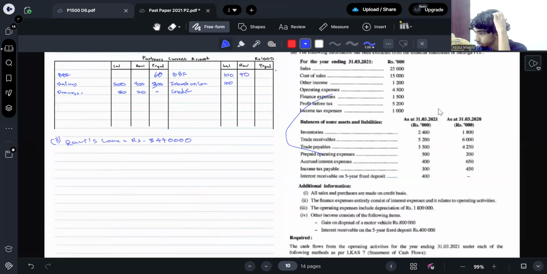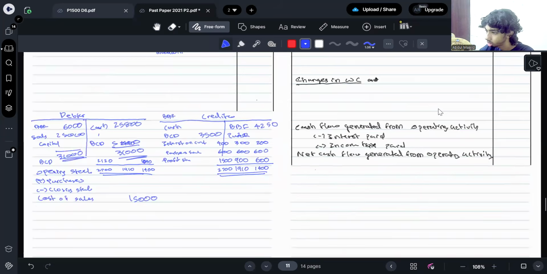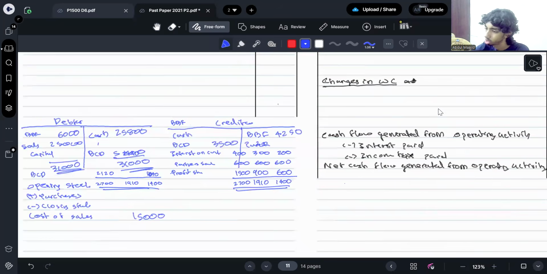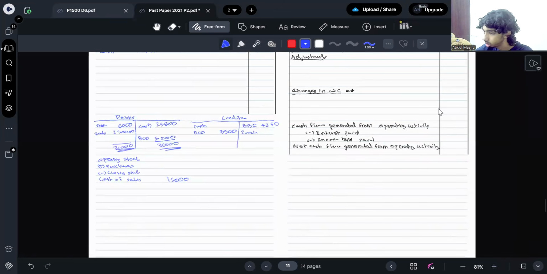Opening stock and closing stock are 1,800 and 2,400. Now you can reverse and find your purchases: 15,000 plus 2,400 minus 1,800. Purchases will be 15,600.